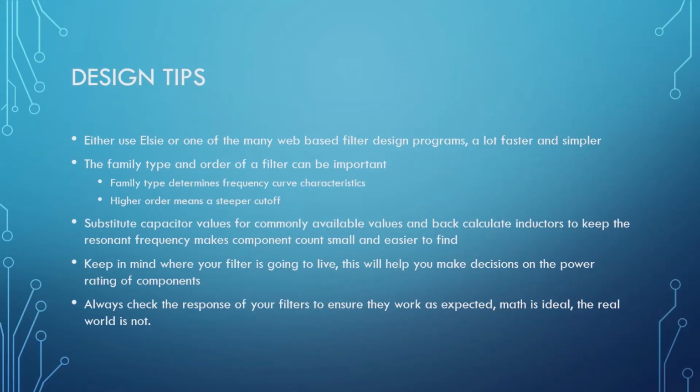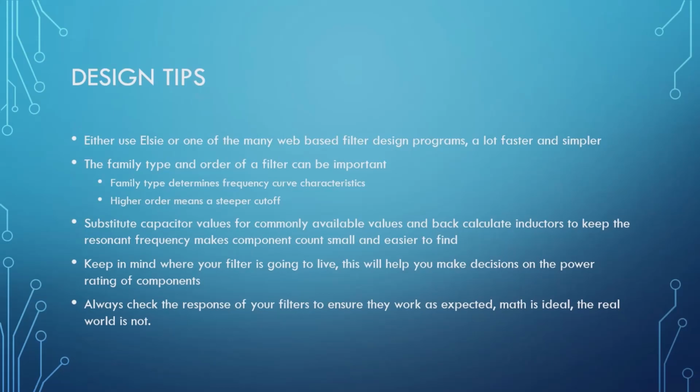So here are some design tips if you're going to do this on your own. It's simpler to use ELSIE, which is a Windows-based program, or a web-based filter design program, because you basically put in this is my load, this is my center frequency, and this is how much bandwidth I want, and it'll pop out what you need.